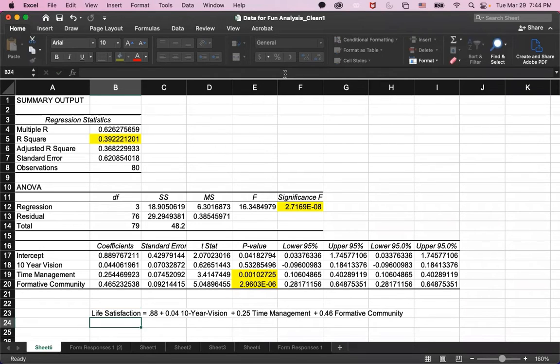Wow, this is really interesting. Can anybody tell me why this result is interesting? I can write a paper about this result.